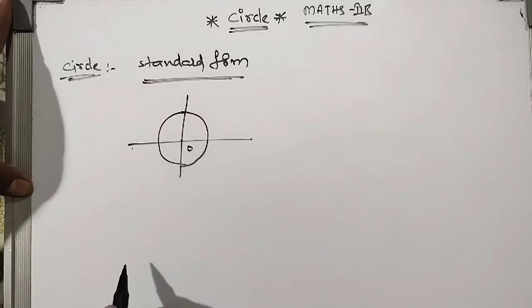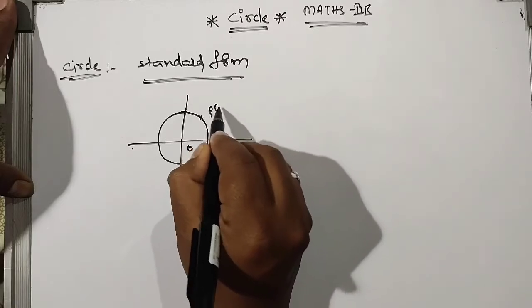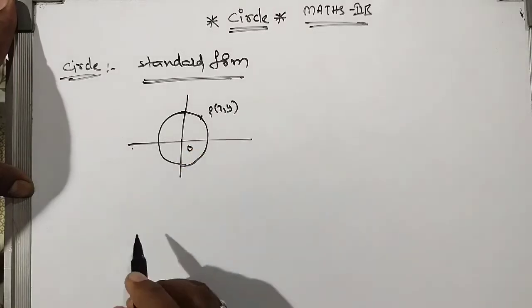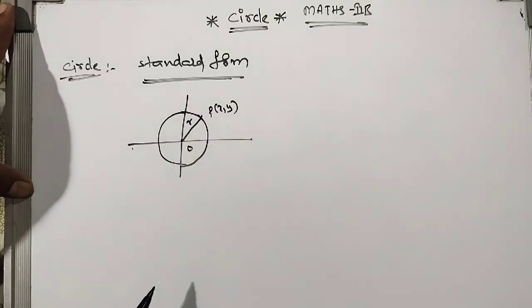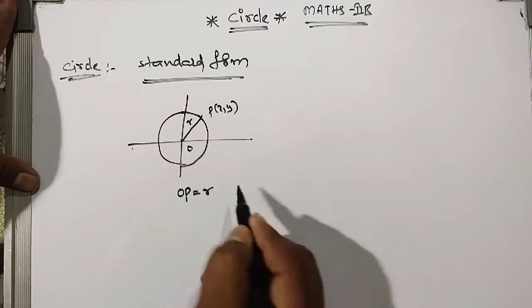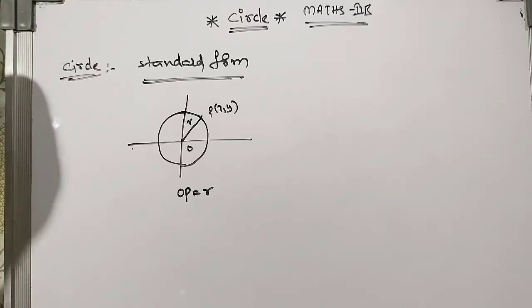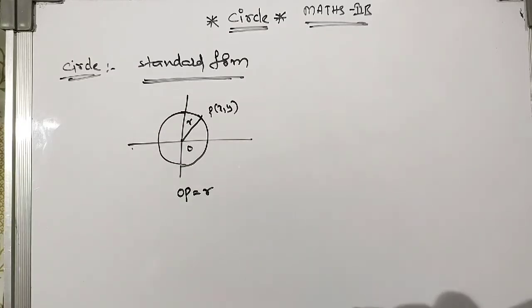O is the center of the circle, and if you take any point P on the circle, it is x comma y. Here OP is the radius, so OP is equal to R, because the distance from the center to any point on the circle is called the radius.